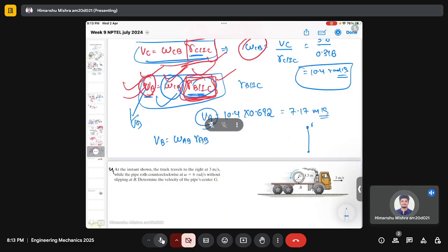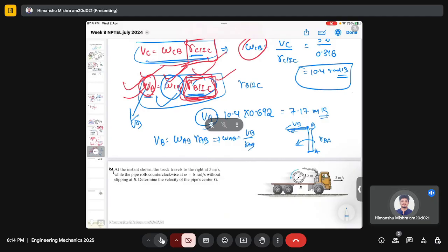This is my B, this is my A, and it is rotating, so it has some translational velocity VB, and this should be my RBA, the length of that rod. So my omega AB will be VB by RAB.